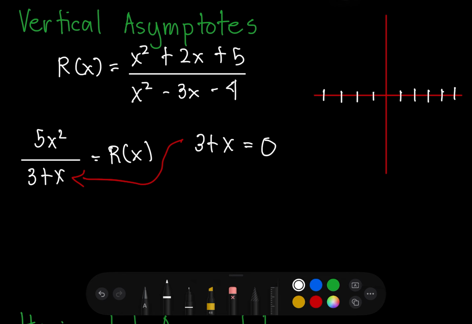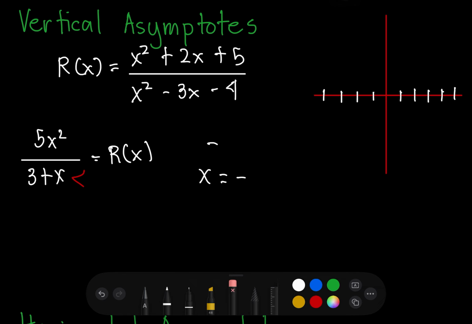So, if we transpose 3 to the other side, that would make x equal to negative 3. That is why our denominator would be equal to 0 if our x is equal to negative 3. That would make our function be undefined.